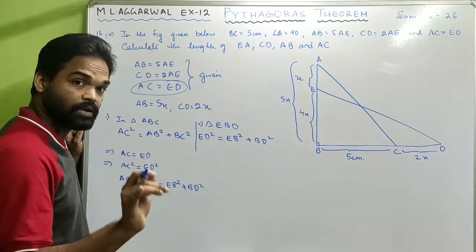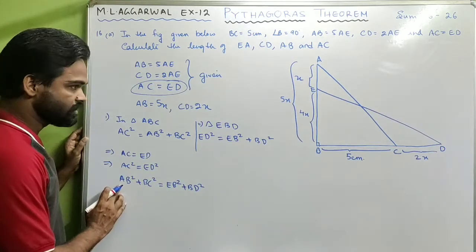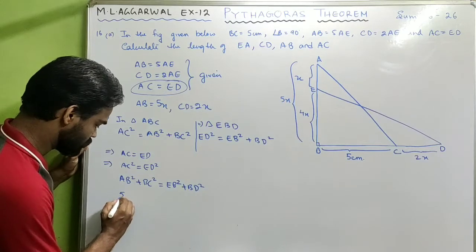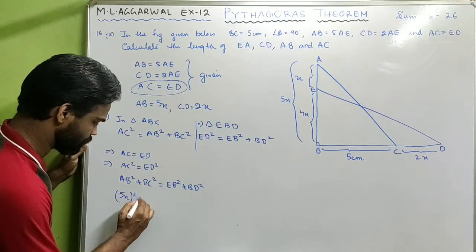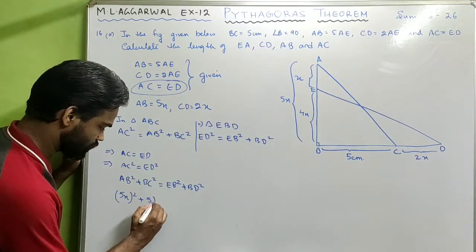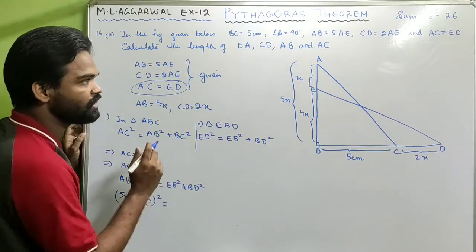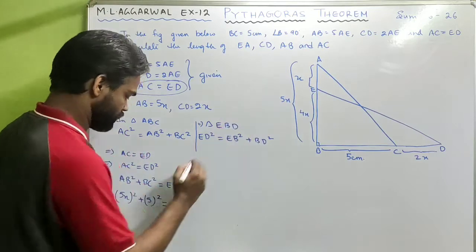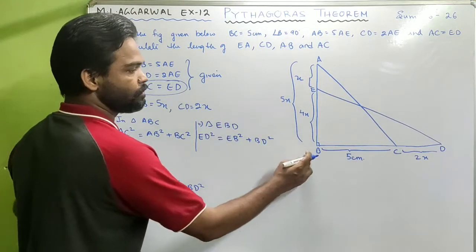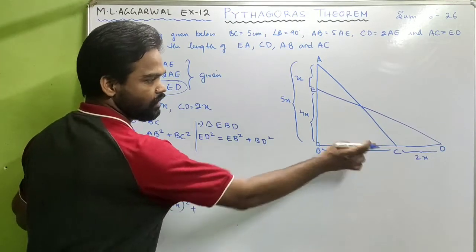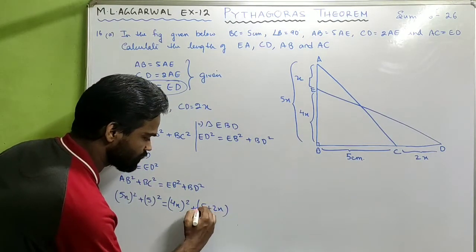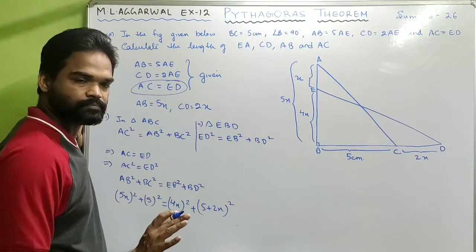Done till now? Now we'll substitute the value. Instead of AB, 5x. So this is 5x whole square plus BC, that's 5 square, equals EB, 4x whole square, plus BD, which is 5 plus twice x, whole square. Done.